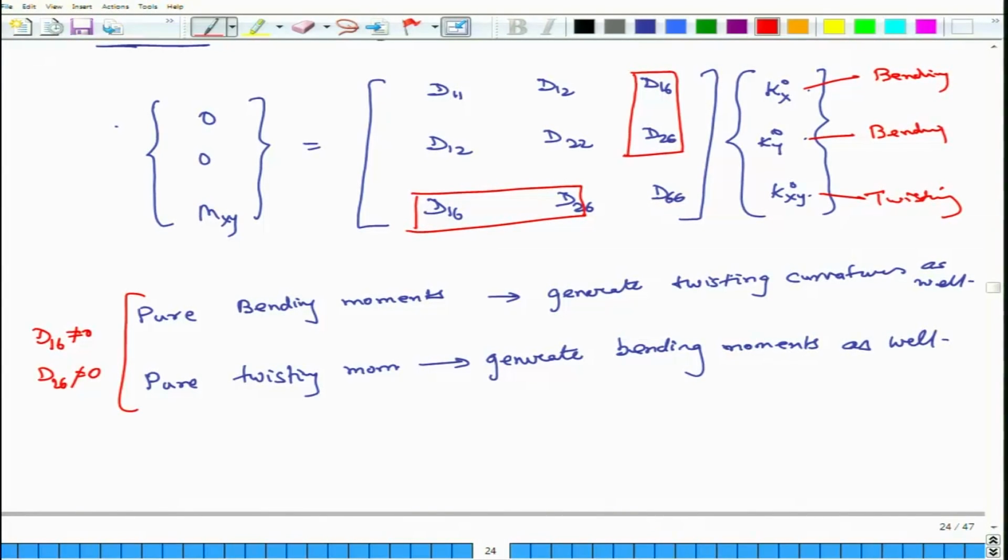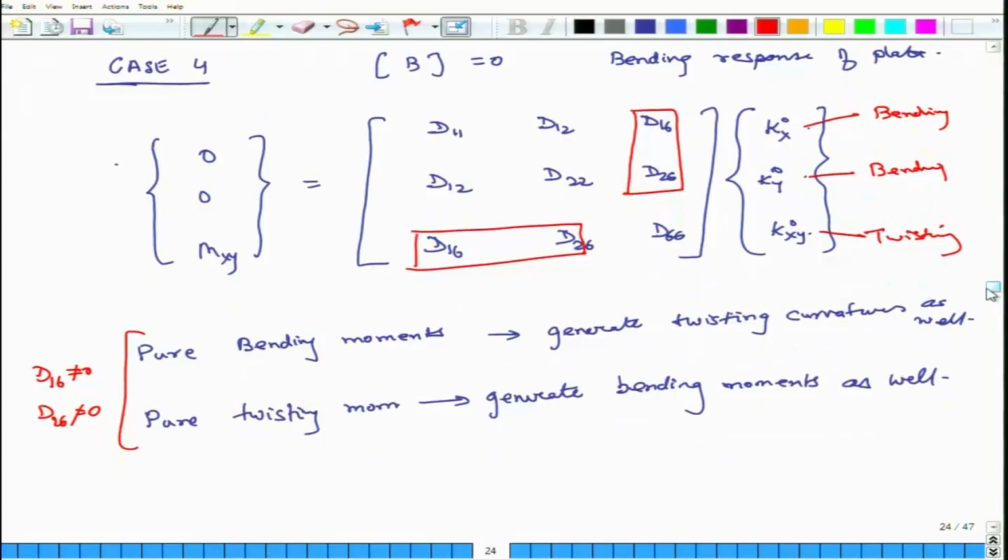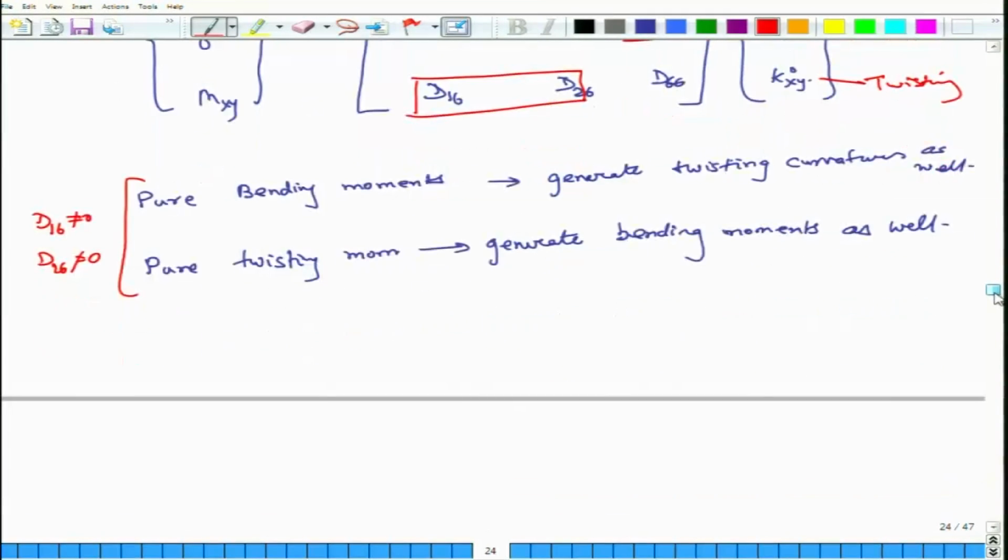And typically we do not want our structure to twist because it then tries to shear off easily. That is why D16 and D26 couple the bending and twisting response of the plate, and why they are called bending twisting coupling coefficients.